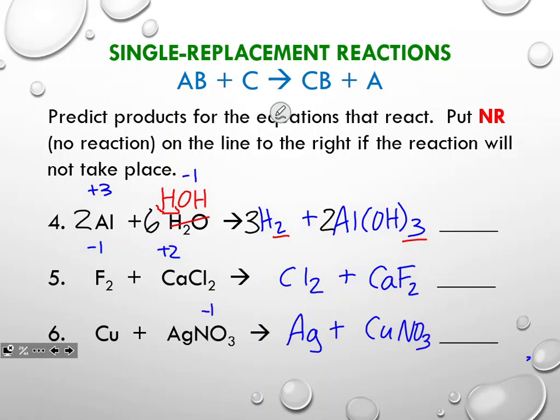Now, if you did write Cu(NO3)2, that would be fine too, because copper does go to +2 as well. But usually it's easier to just stick with the same oxidation state as the anion if you can. Both would be acceptable answers, although the second one you would have to balance. Okay? So, do we have to do anything here for balancing? No, right? Everything is 1-to-1 here. All right.